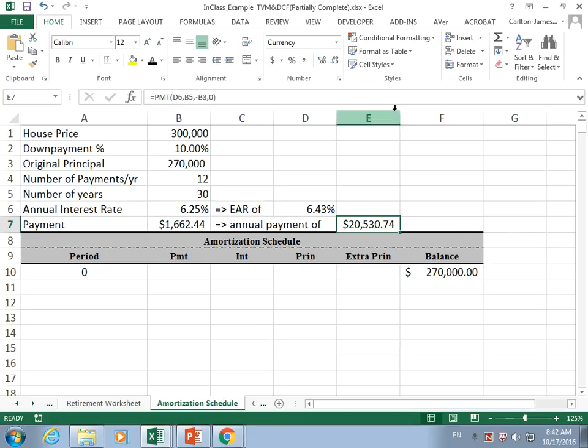Okay, you're good? And you can check just to make sure that if this is going into an account earning this divided by 12 every month, the future value of 12 of these payments with this interest rate on a monthly basis should give you the same number. So you can check at home. We're not really interested in these yet.